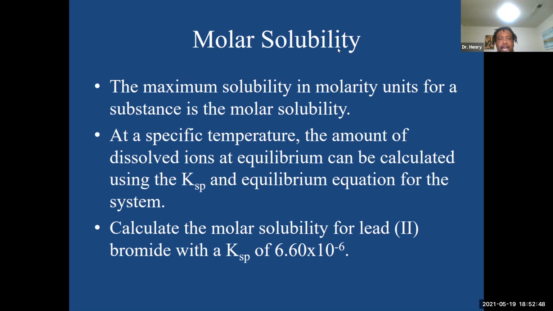So that's going to be your maximum solubility, right? You get your equilibrium constant. That constant is going to dictate how much the concentration of each of your ions is going to be in solution. That's going to represent your molar solubility. Okay. Does that make sense?